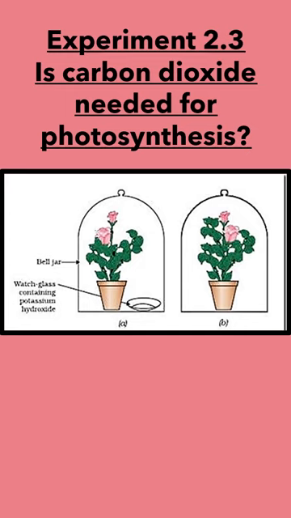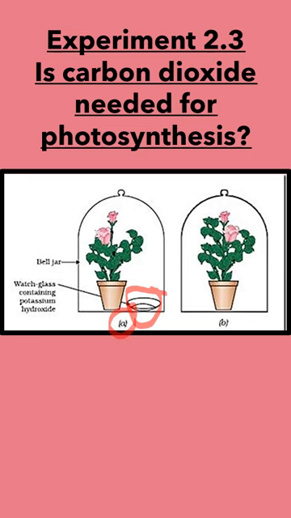And carbon dioxide is needed for photosynthesis. So you have to set this one up with potassium hydroxide. The function of potassium hydroxide is to absorb carbon dioxide. So the plant inside bell jar A has no carbon dioxide.